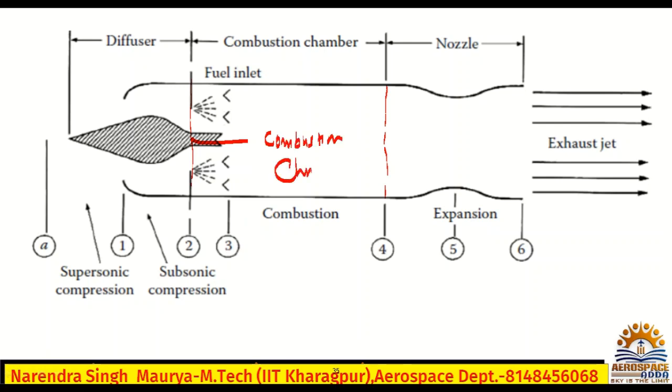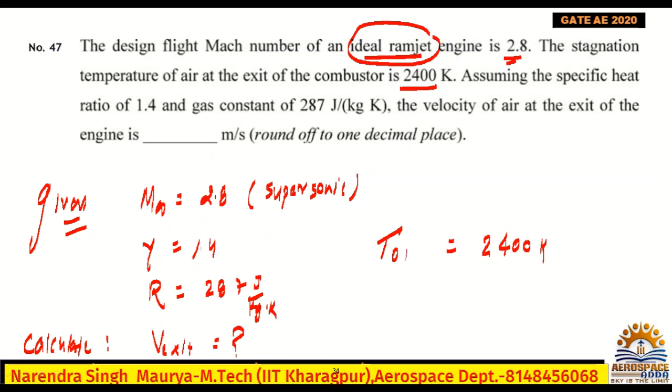This is the exit of the combustion chamber, and this is the inlet. So the exit of the combustion chamber, the total quantity we write as T naught 4. Hope it is clear now to you.